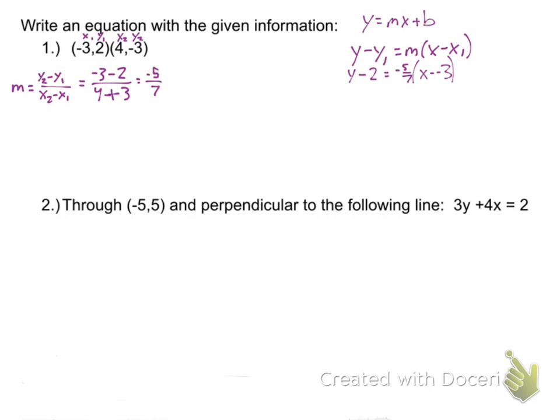And again, I'm minus a negative right here. Minusing a negative, you need to change it to add. Is everybody with me so far? Now, the only thing left is to solve for y, which means get this y by itself. I need to do what with negative 5/7?